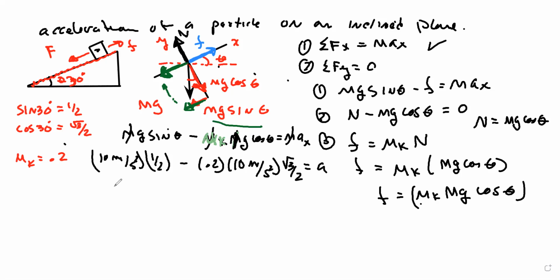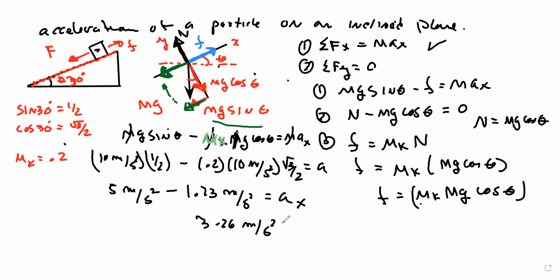So this is going to be 5 meters over second squared minus, if we do this math, 1.73 meters over second squared. So this is going to throw you 3.26 meters over second squared, and that's going to be your acceleration in the x direction. And right there, you have the solution to this problem. Thank you. And we'll continue next time.